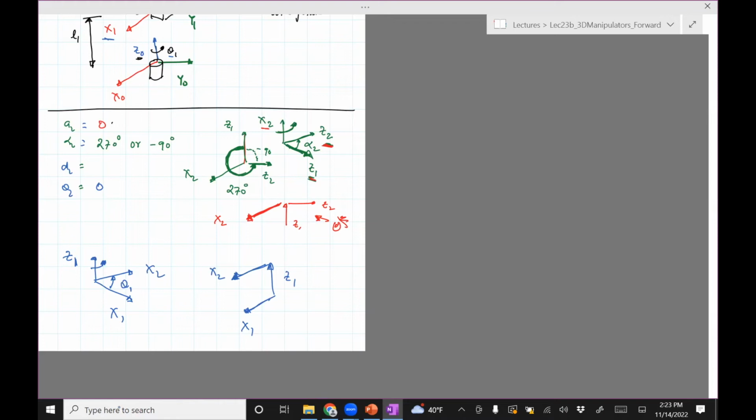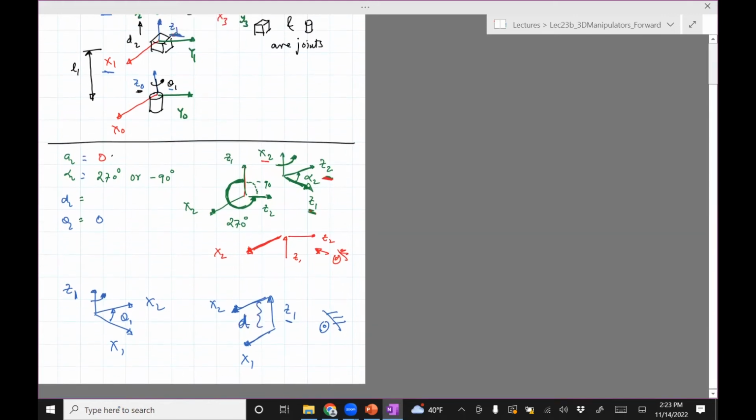And then the final thing is d2, which is the distance between X1 and X2 about the Z1 axis. So when you look at it from the side along Z1, what is this distance? It's D2.